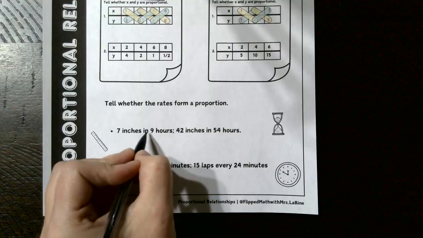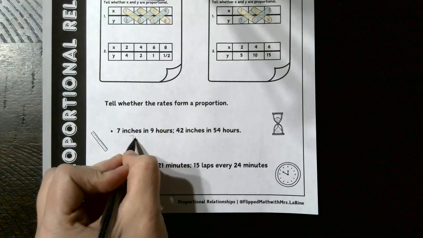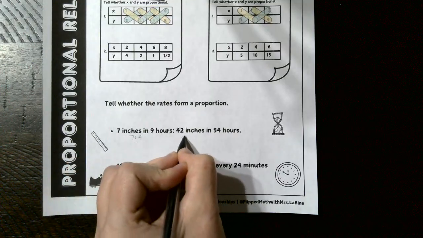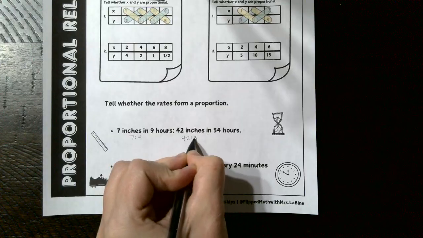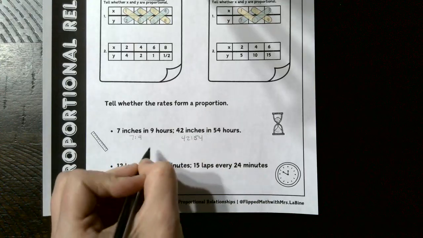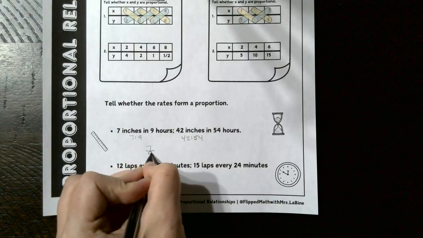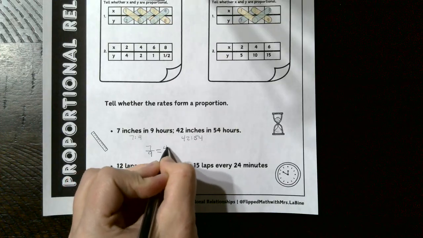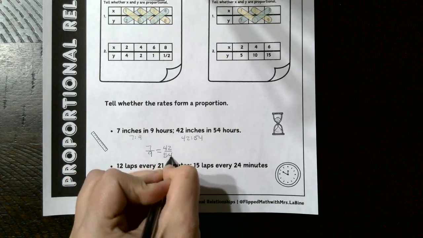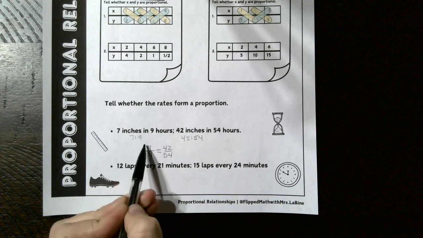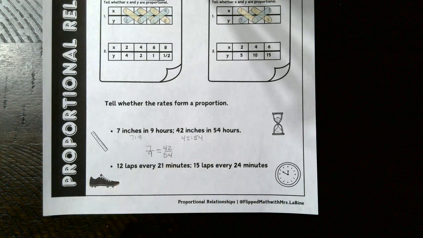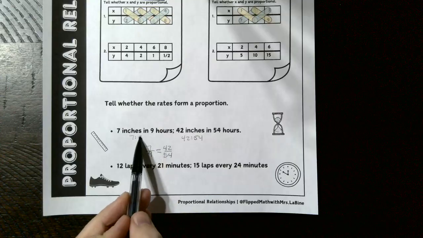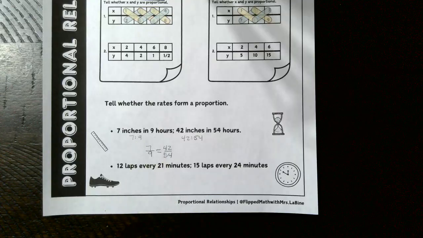So 7 inches in 9 hours could look like a ratio like this. 42 inches in 54 hours could look like this. So I'm going to rewrite them as 7/9 is equal to 42/54. And now I can use my cross products to determine if these are proportional. So you'll do that same thing with this problem and this problem, and let me know if they are proportional.